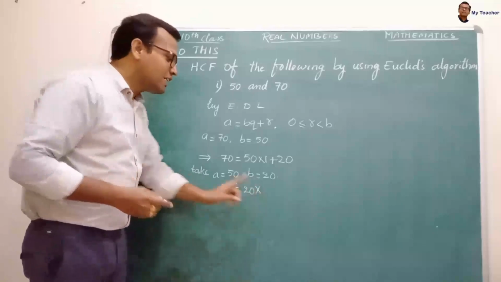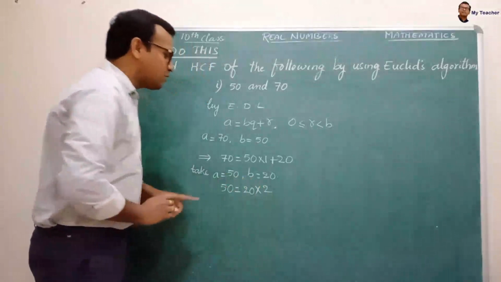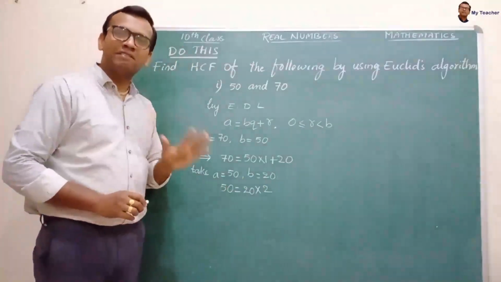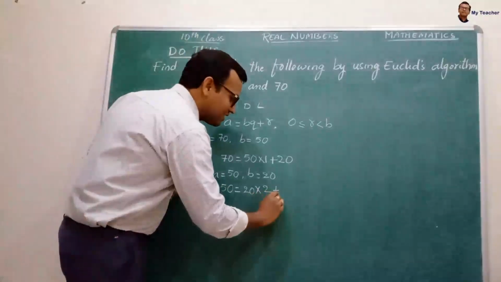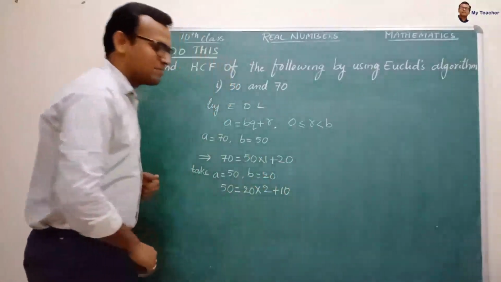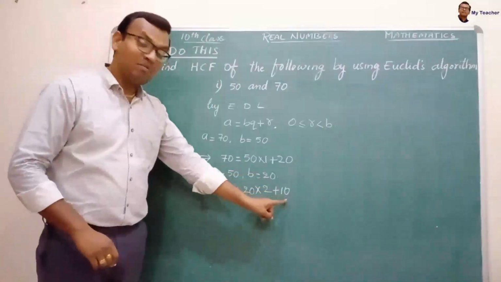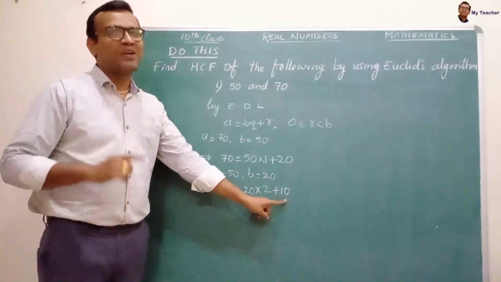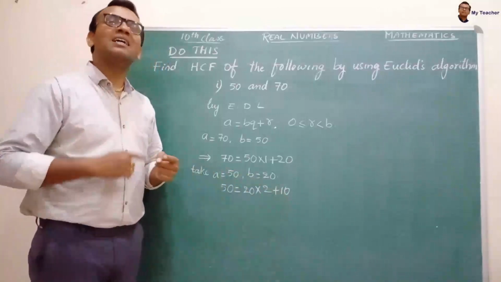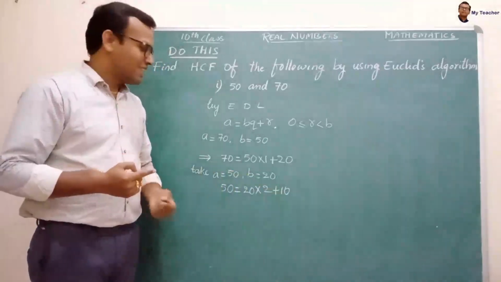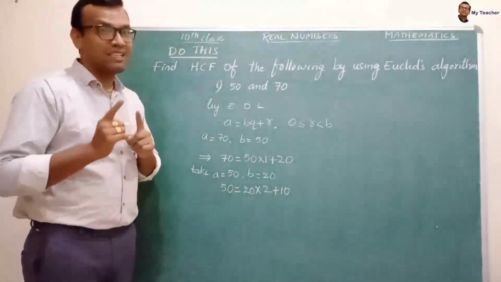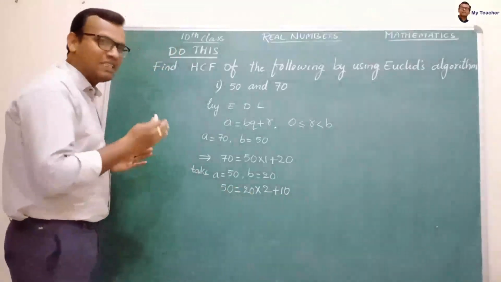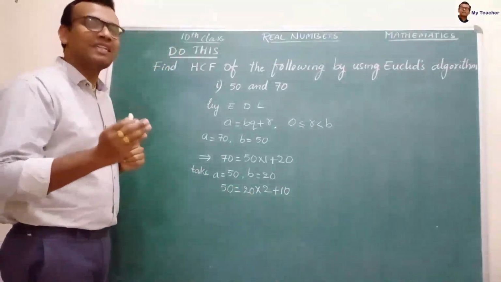So 20 2s are 40. Out of 50, 40 gone. How much left? 10. So that 10 is the remainder. Still, the remainder is not equal to 0. So we'll apply the division lemma on 20 and 10 till we get the remainder 0.